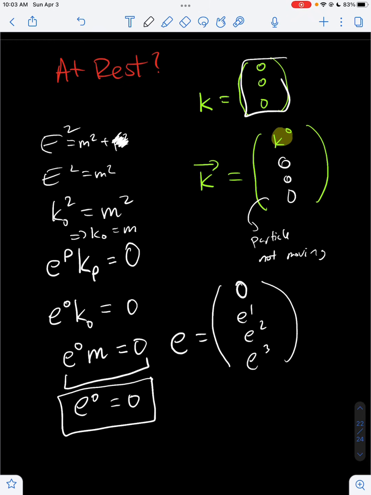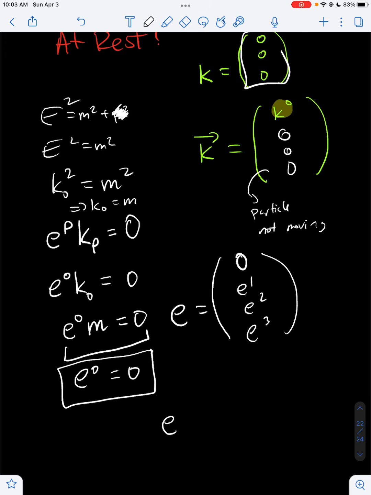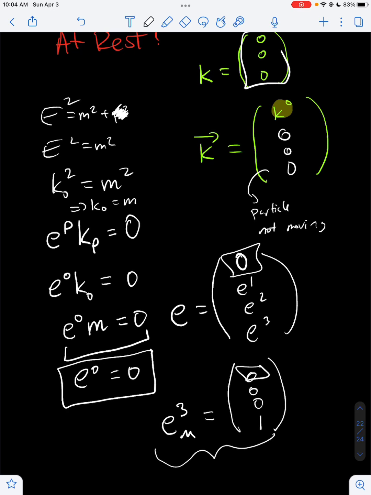But we have a loophole here where we can allow a third E3 polarization state that's equal to all entries 0 but 1 at the bottom. Since as long as we have that 0 in the first entry, we're good. So that's a sort of loophole to allowing that third polarization state if the particle is at rest.